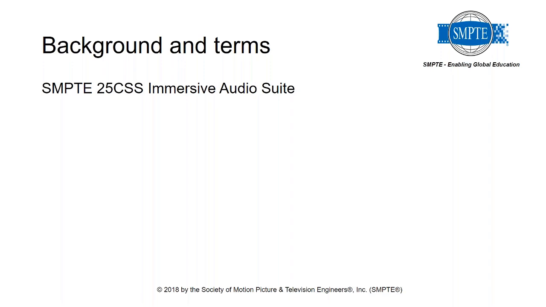Okay, so first, for background, I wanted to talk a little about the work of the SMPTE 25CSS Technical Committee, which was the technical committee that authored this group of documents. In this case, CSS stands for Cinema Sound Systems, and this is a group that took on the task of trying to create a standard to allow interchange of immersive audio files for cinema distribution.